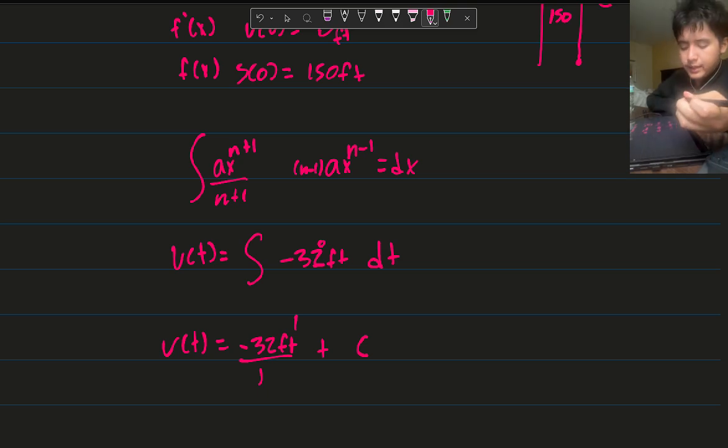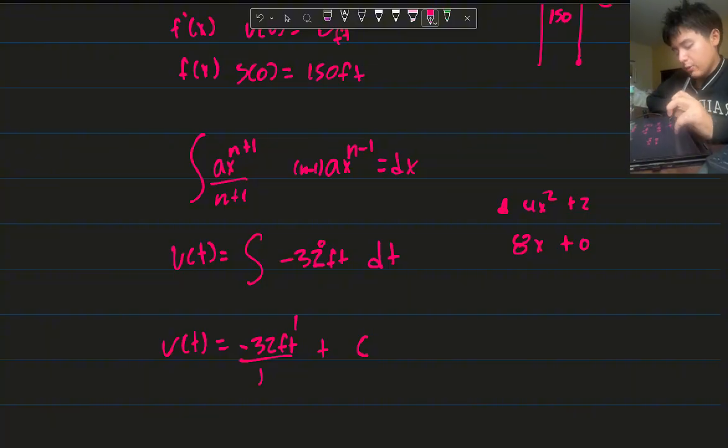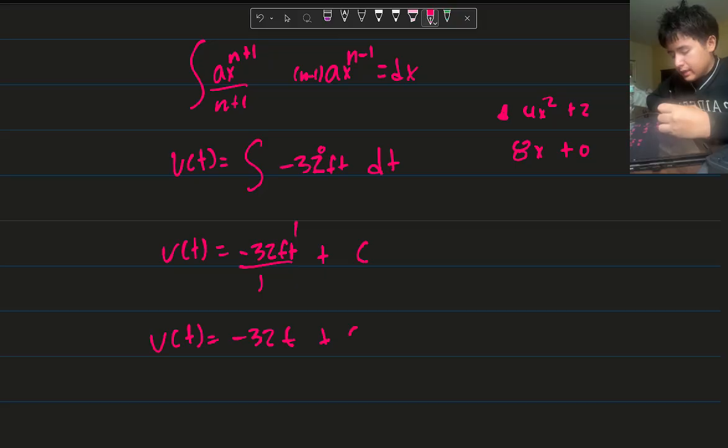And why do we use c? Because when we take a derivative of, let's say, 4x squared plus 2, it will only become 8x plus 0, so we don't know what our c is. So we always have a constant. So v of t is equal to negative 32 t plus c.